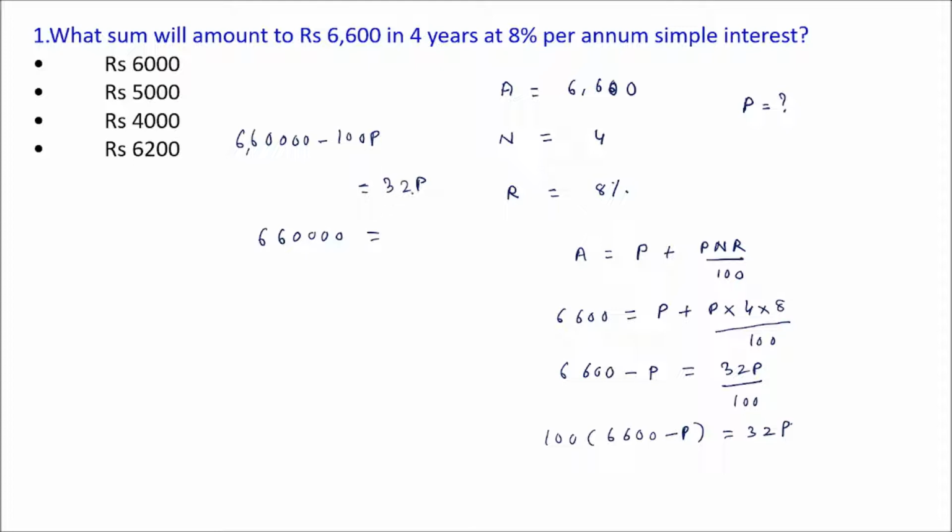If we take 100P on the right hand side, it will be 132P. So P is equal to this upon 132. So 11 ones are 11, 11 twos are 22, 11 sixes are 66, so 12 ones are 12, 12 fives are 60. It will be 5,000. So 5,000 will be our answer.